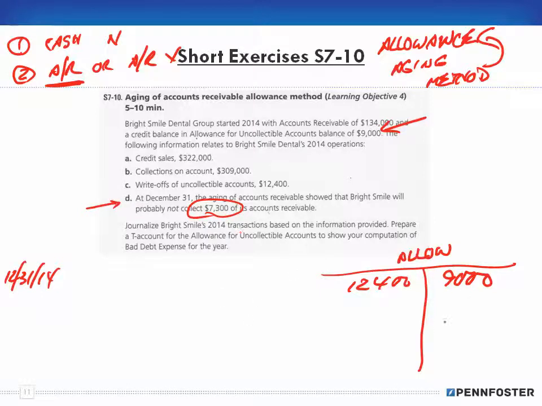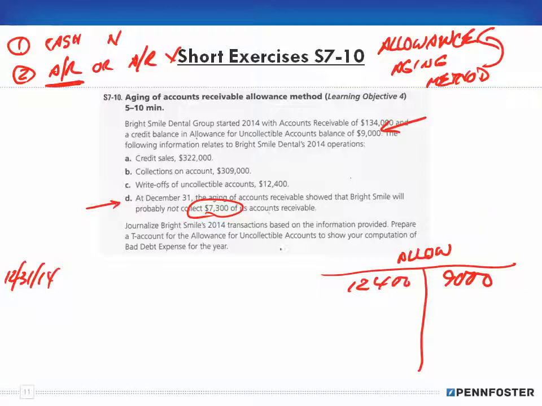Now, what I'm about to do is what I would have done in order to arrive at this balance of $9,000, which again, I was saying would probably be our calculation for the year 2013.